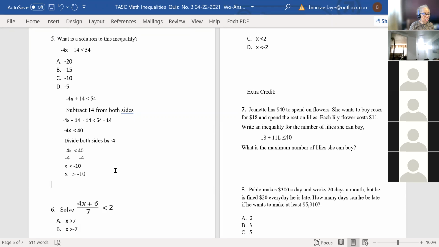Questions? Okay. Now, if you put the minus 10 here, minus 4 times a minus 10 is 40, and 40 plus 14 is less than, well, it's less than or equal to 54.